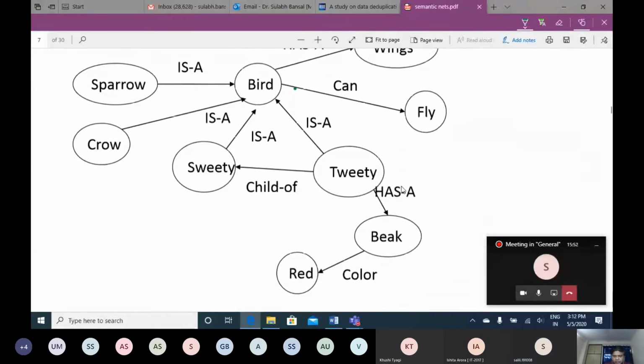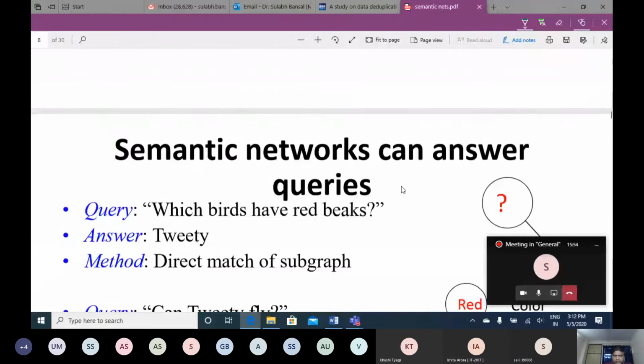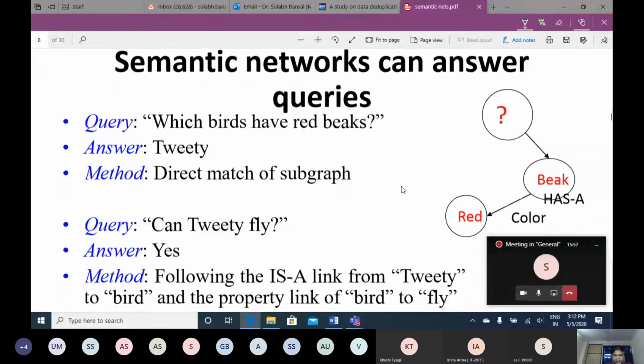Okay, so it's simple, I believe you are getting the things. Semantic networks can answer queries like this. If you have drawn such a network, which bird has a red beak? You can answer this from the network. You can search for a beak which has the property color as red, and then find which is the parent, or which is the bird having that beak.